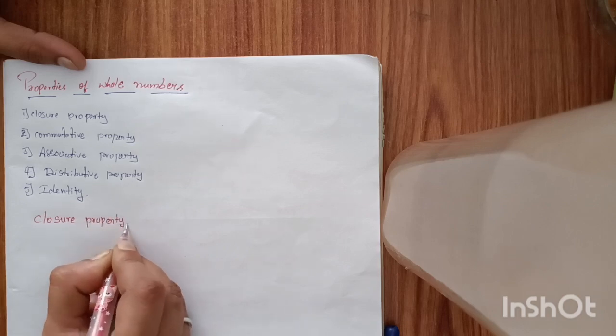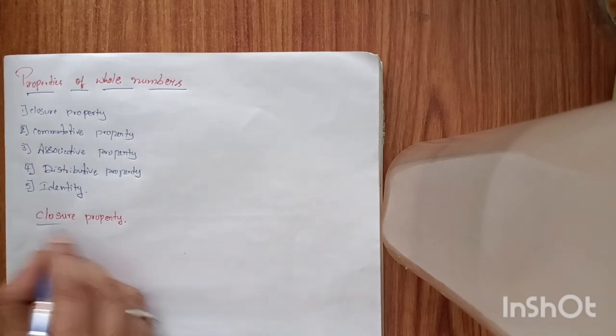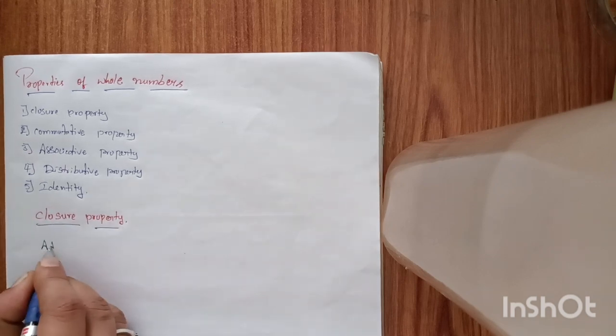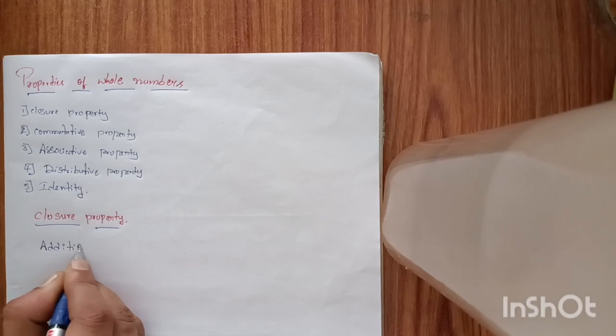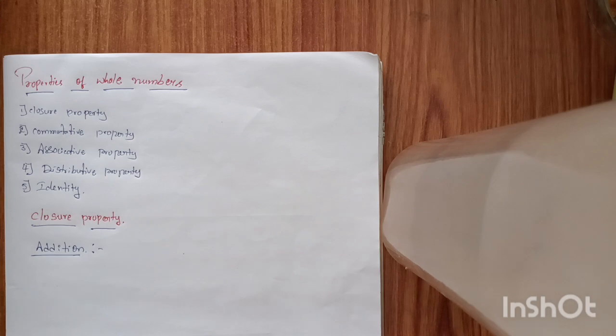So let's see what closure property says on mathematical operations on whole numbers. Firstly, in addition. If we consider any two whole numbers and add them, again we get a whole number.